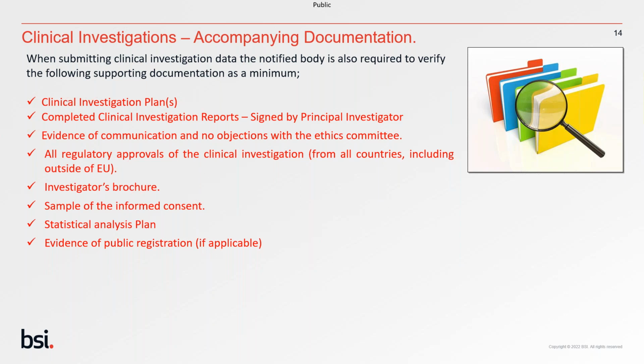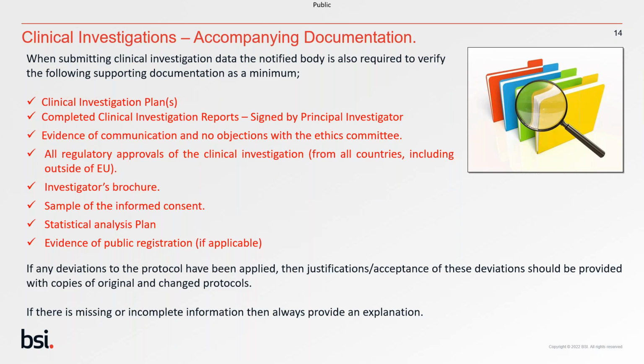If it's on clinicaltrials.gov, then again, some reference there. We know EUDAMED is yet to be fully functioning in this area, but when it is, we certainly expect evidence of public registration of those clinical investigations conducted in Europe into EUDAMED. And that is called out within the clinical evaluation assessment report template that's been provided by the European Commission.